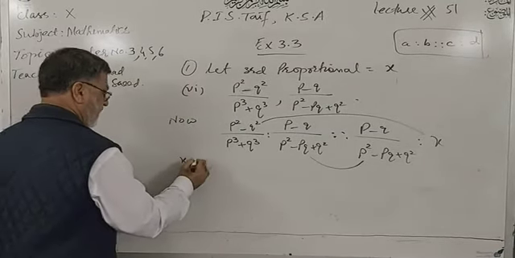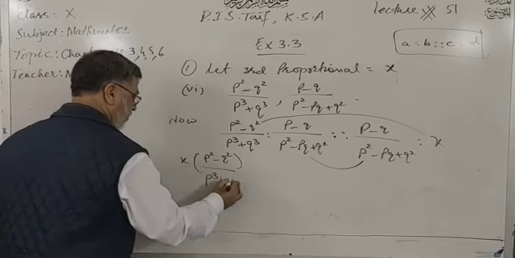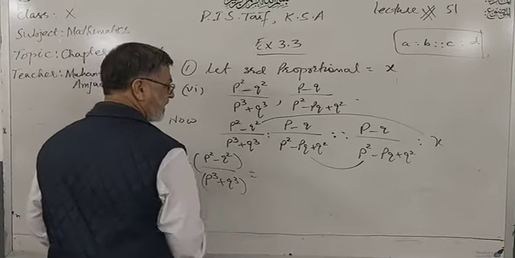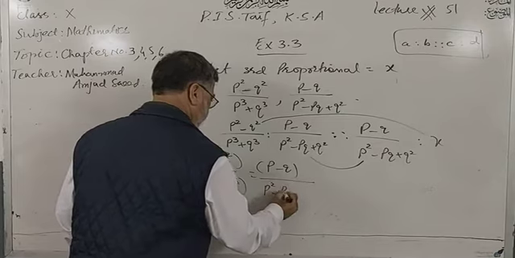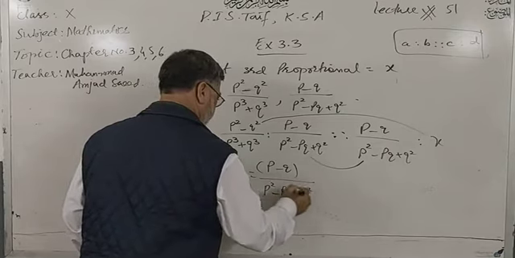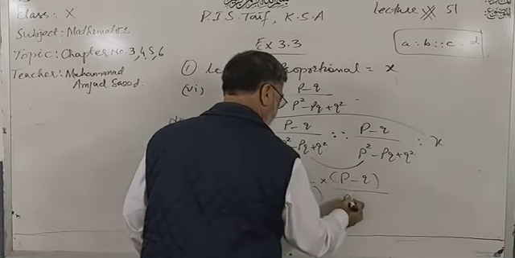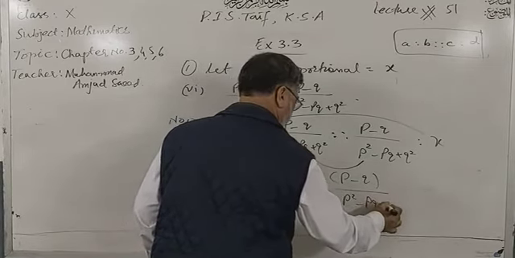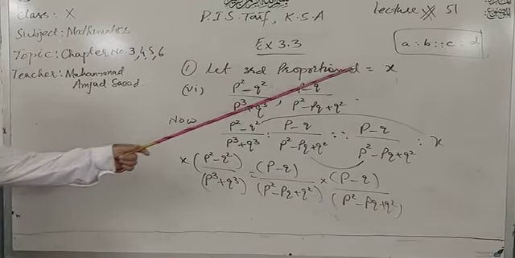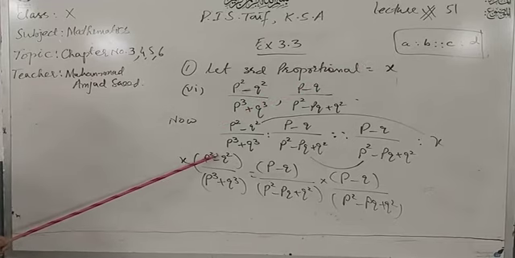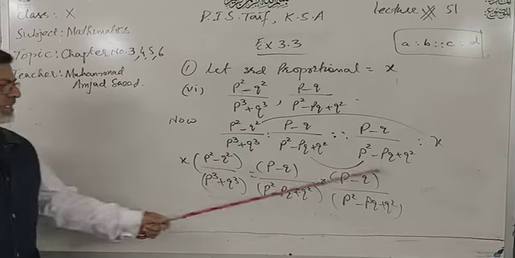We have x into p square minus q square over pq plus qq, that is equal to p minus q over p square minus pq plus q square into p minus q over p square minus pq plus q square. Dear students, you have to find the value of x. So take p square minus q square and pq plus qq on the other side.